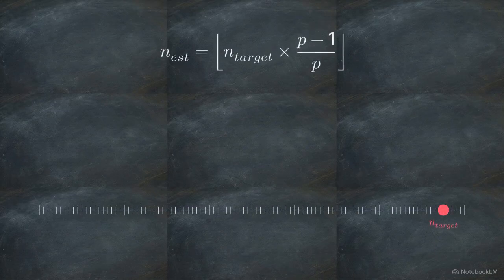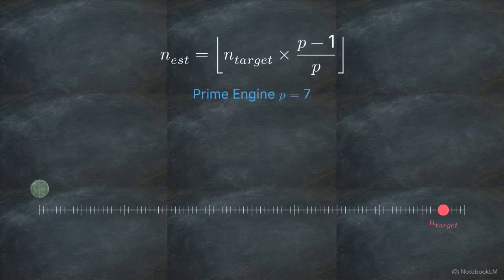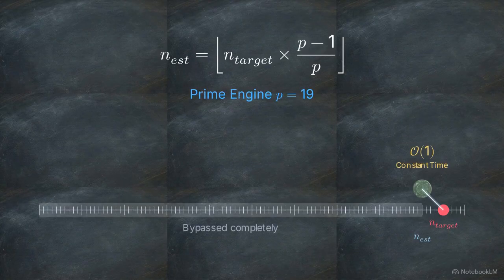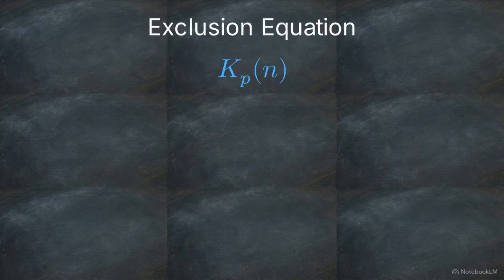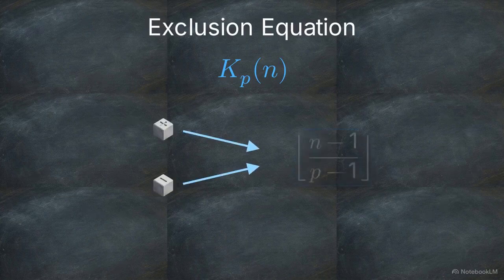This animated diagram shows the algebraic target estimator. It takes a specific prime engine and calculates the approximate entry index required to land near the target coordinate. This estimator allows the algorithm to target the exact vicinity of the coordinate in constant time, skipping the entire sequence of numbers leading up to it. Once targeted, the algorithm fires its second operator, the exclusion equation, or K_p of n.